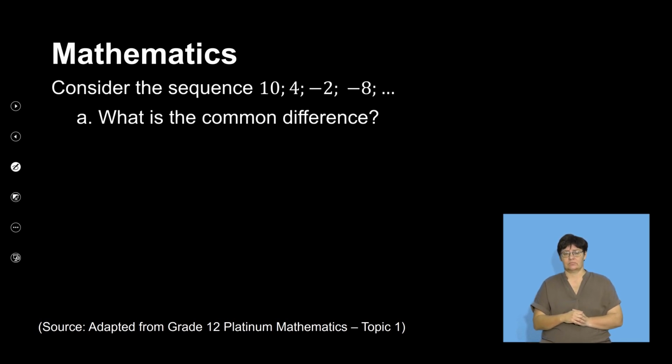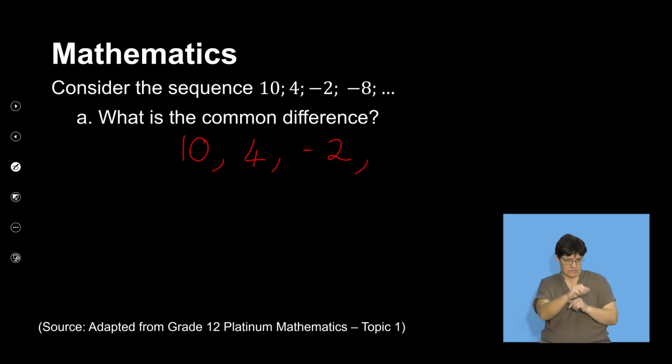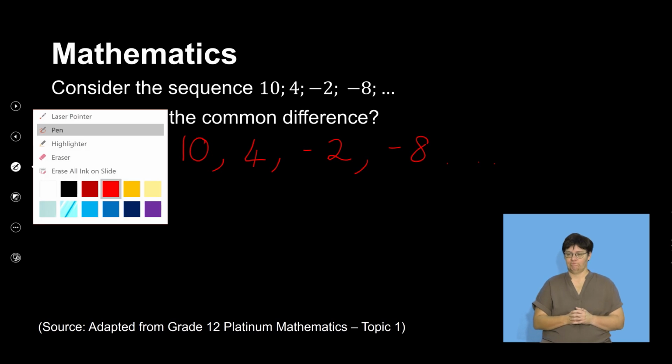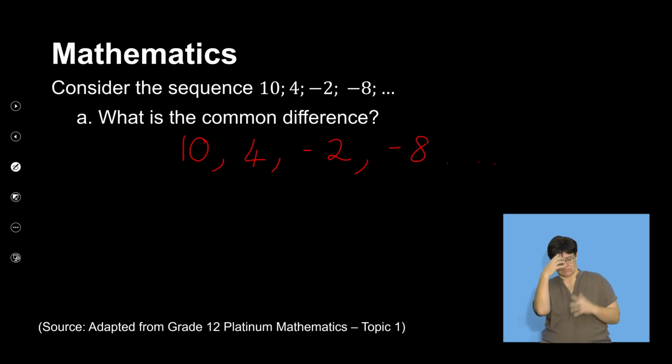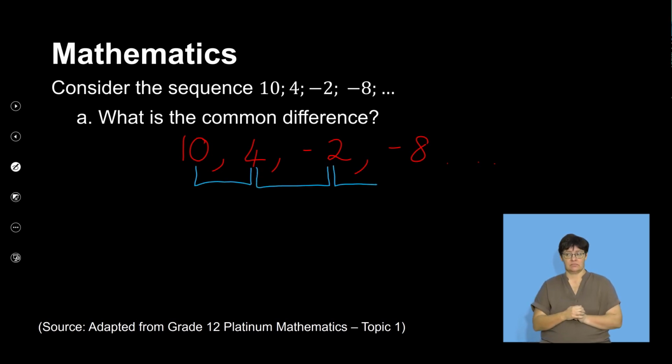So let's first consider the sequence. I'm going to write it down for us because we need to determine the common difference. I'm going to give everyone a second at home to think about it. We need to know what the common differences between these terms are.